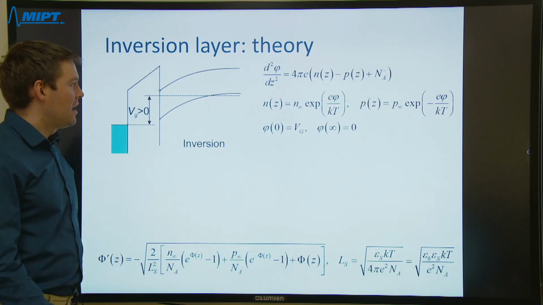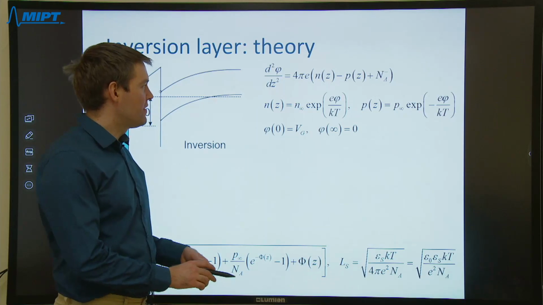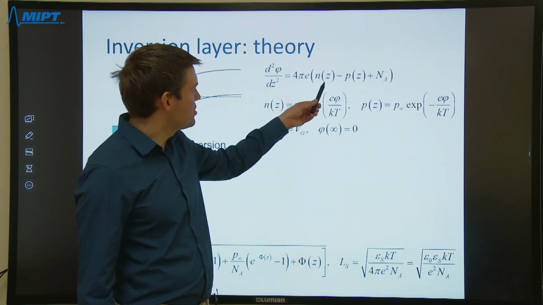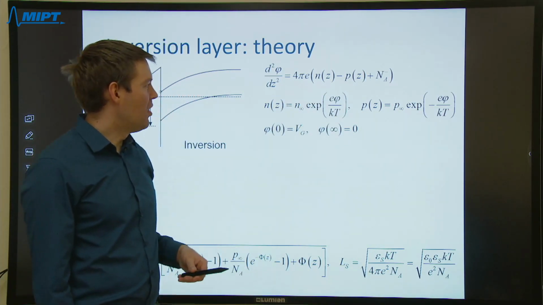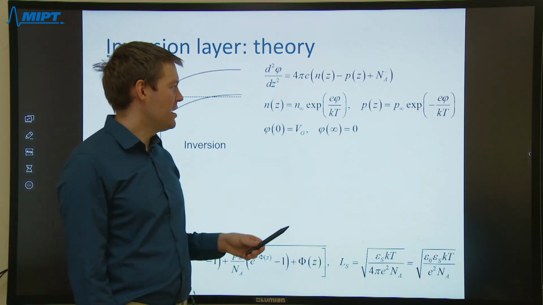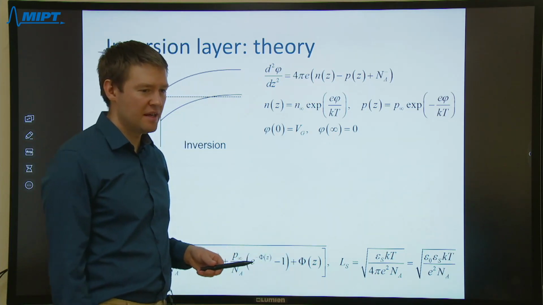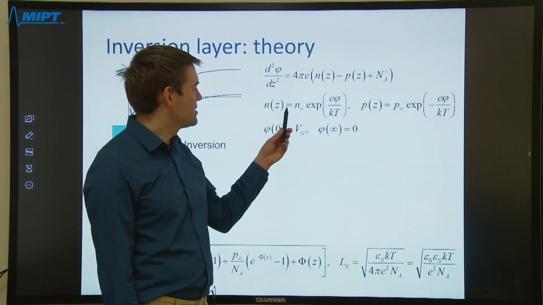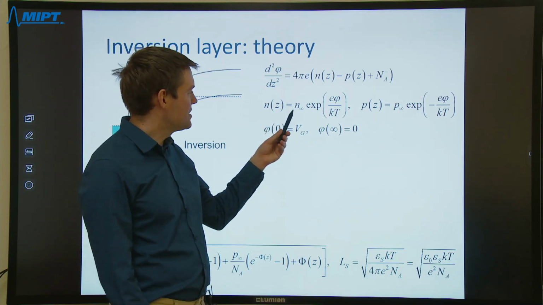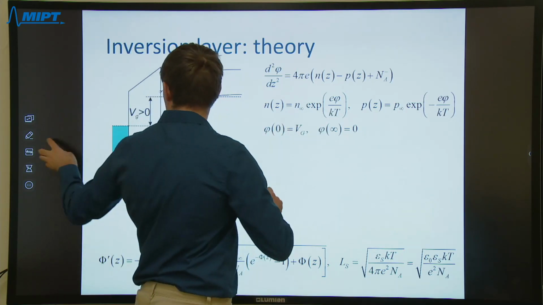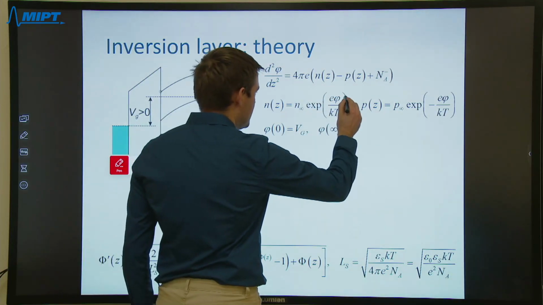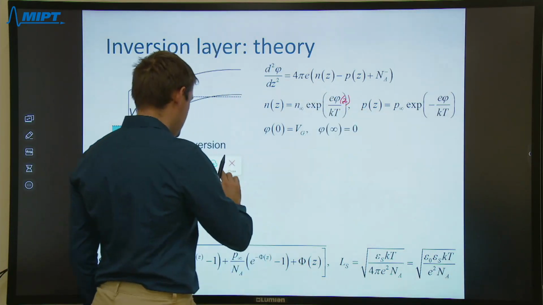Okay. The dependence of electron and hole densities on the coordinate can be neatly expressed as a dependence of electron density on the potential, which in turn depends on the coordinate.